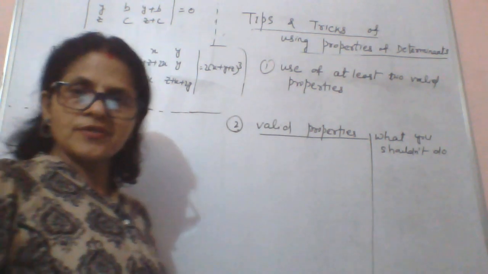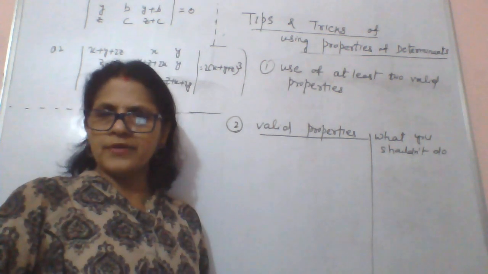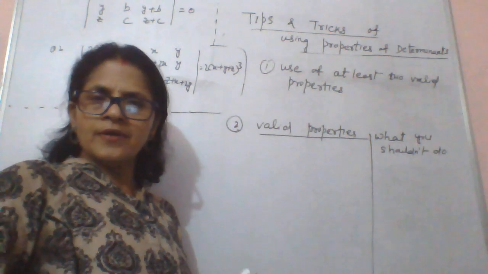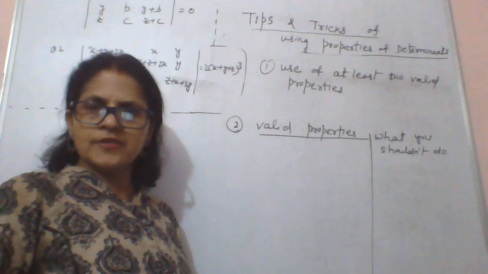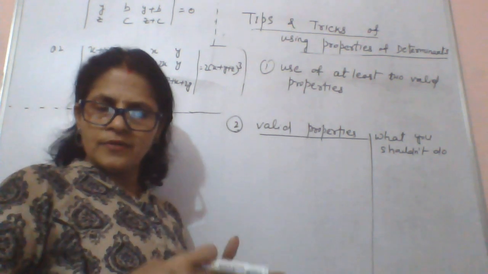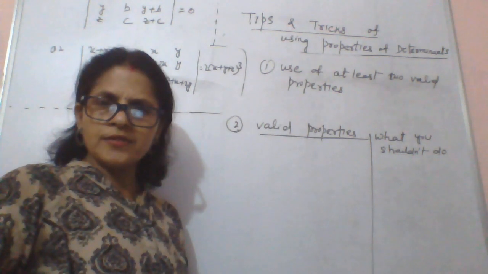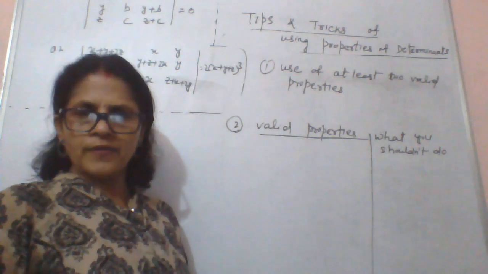Next trick is, whenever we say valid properties, what does it mean? As I know, you might be remembering all the 7 to 8 properties, but whenever it comes to writing the answer sheet, whenever it comes to applying the properties, again confusion about which property to be used where.